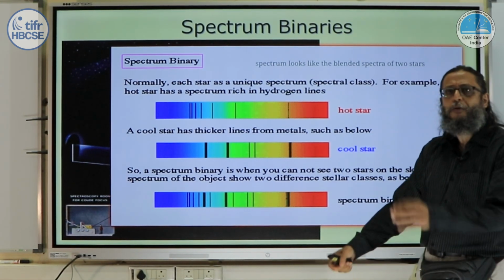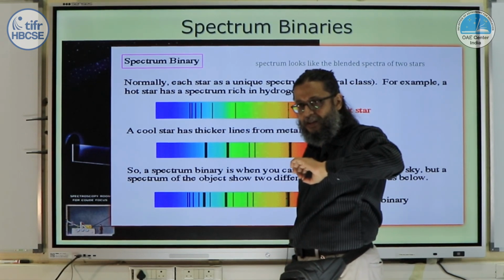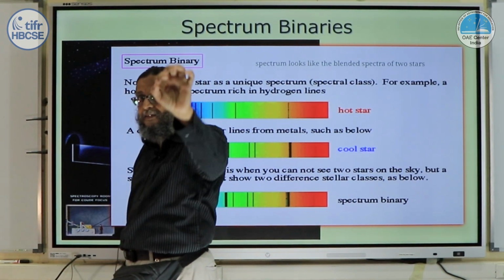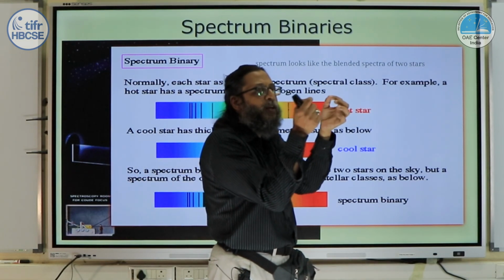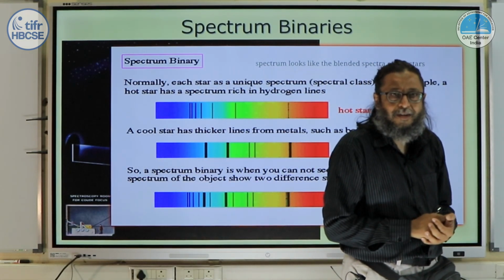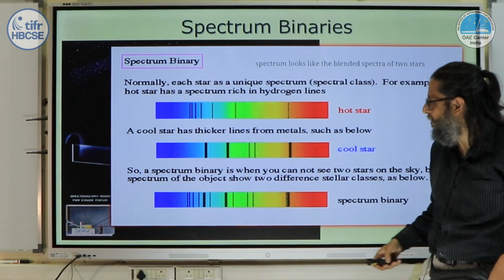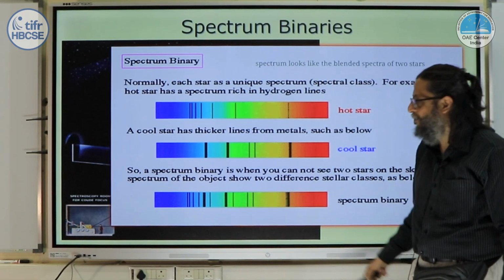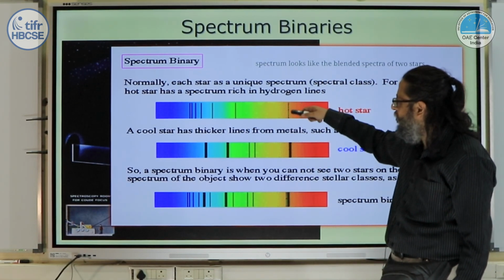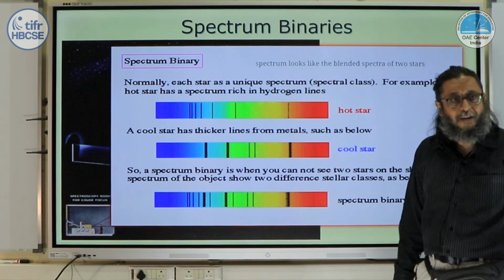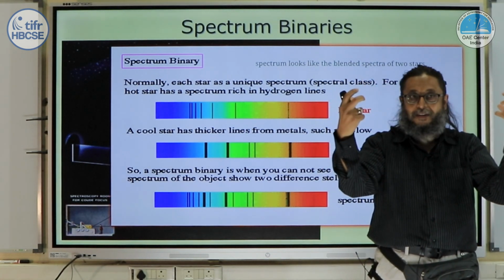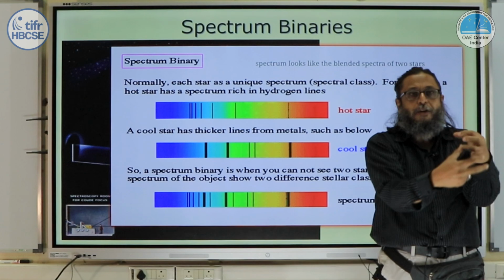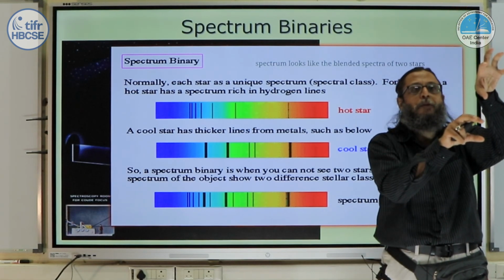Now, when you are looking at an object and it appears like one single object, you are unable to resolve anything beyond one object. But when you take the spectrum, you see a set of lines which is a combination of a hot star and a cool star. Now you know that the two objects have to be separate, because one object cannot have such a high temperature and low temperature region.